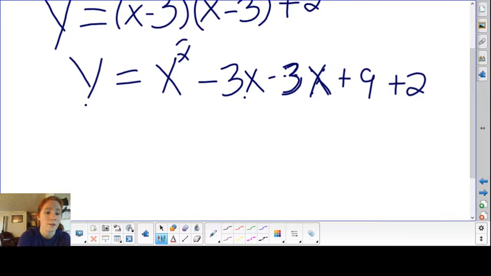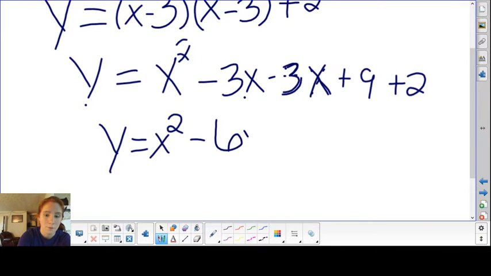So we get y is equal to x squared minus 6x plus 11.